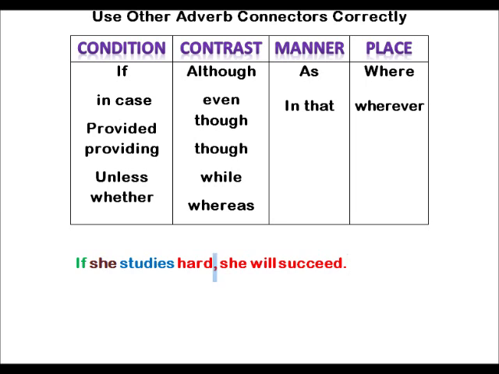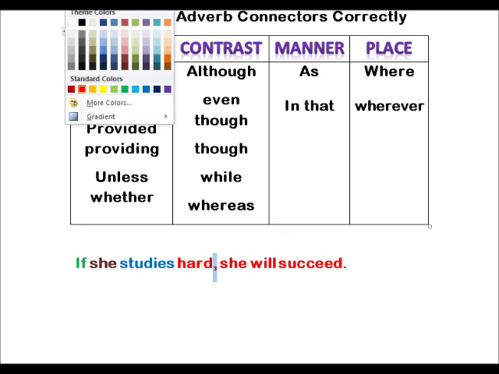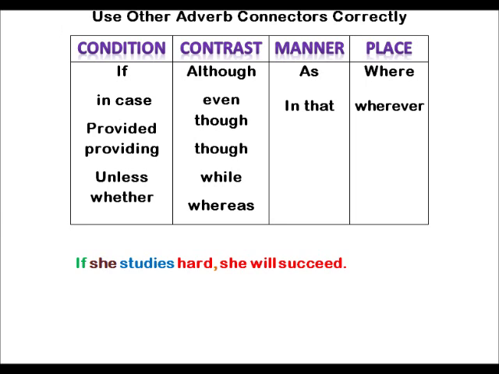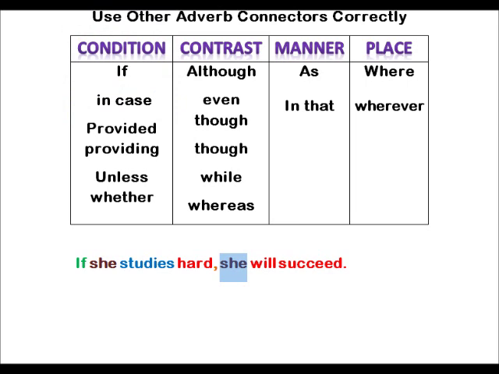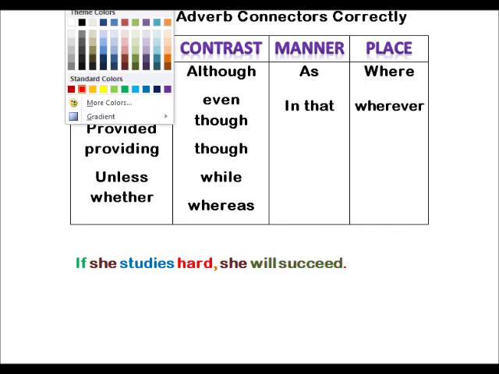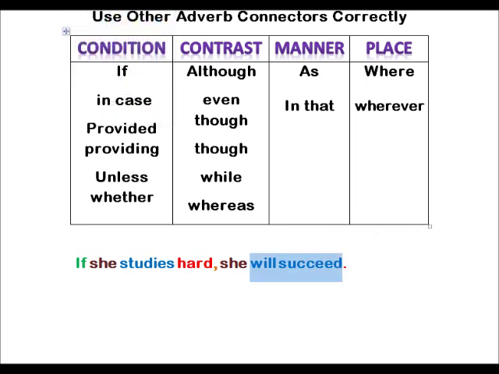Then as you see, we've got a comma here, and let's give it a color too. Then we've got also another subject, and we've got a verb, which is will succeed. That's another verb.